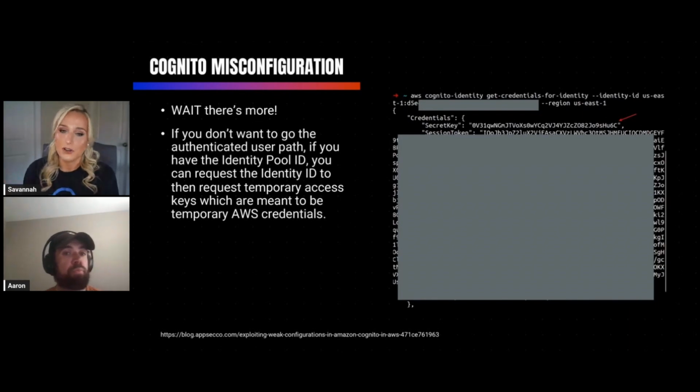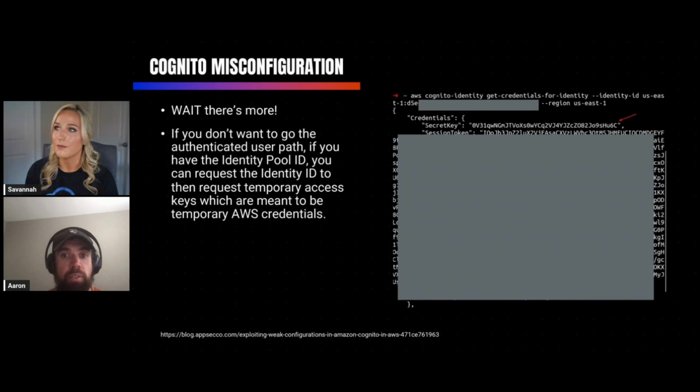And if you didn't want to go the authenticated route, I think it's the weirdest misconfiguration. I don't think it should be a configuration, but it occurs a lot in the Cognito app as well. Essentially, if you have the identity pool ID and then get the identity ID, you can just request unauthenticated temporary credentials.